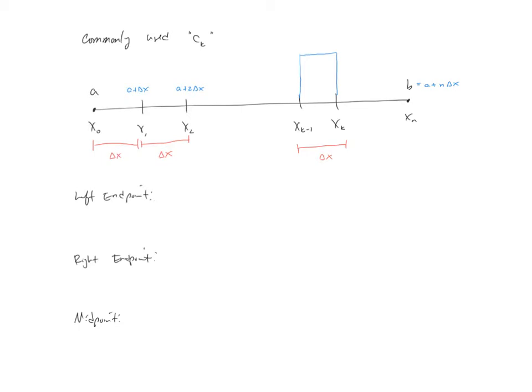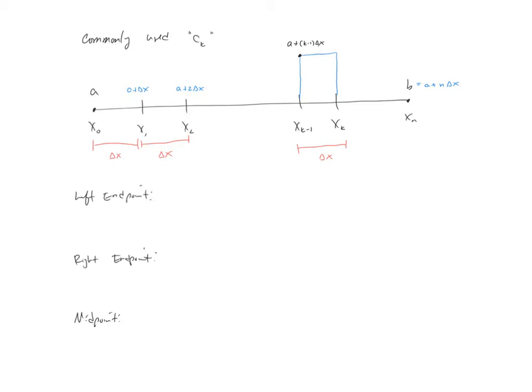So if I choose the left, the left endpoint would be right here. So we're saying that that is my height, my f of x sub k minus 1. We also know that this point is a plus k minus 1 delta x.